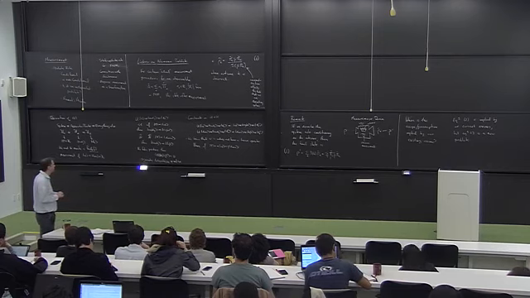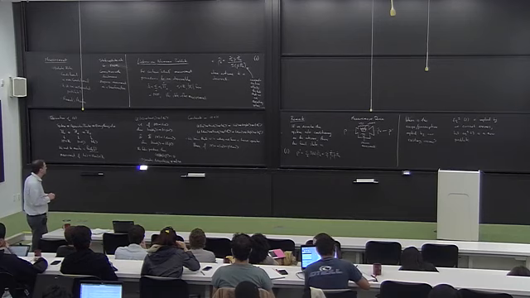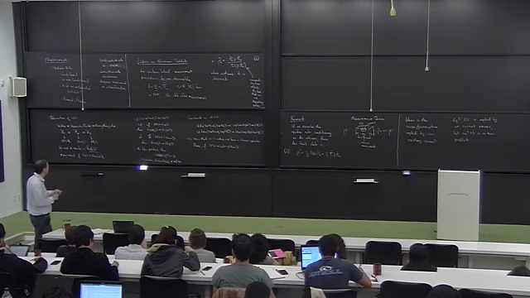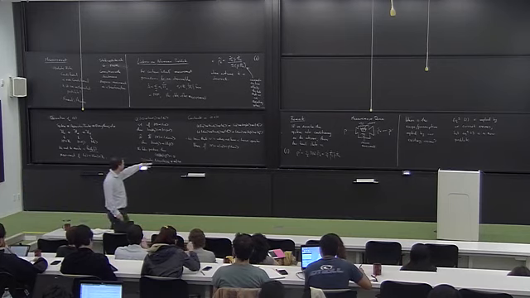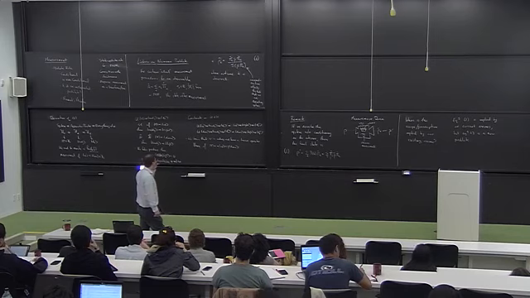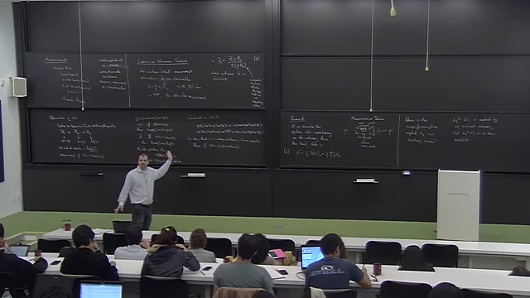You want to add an overall phase. The overall phase is physically irrelevant, but the question is, does it become a relative phase when you put in the superposition? U is only defined up to an overall phase physically anyway, so the overall phase can't possibly matter.